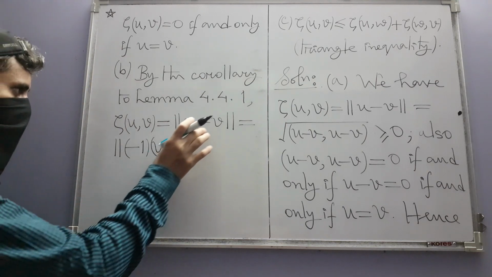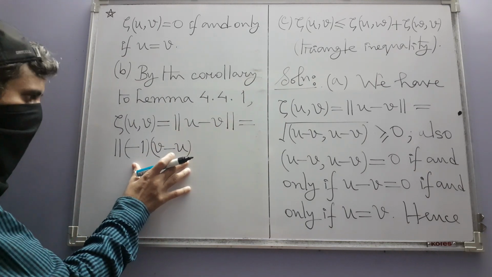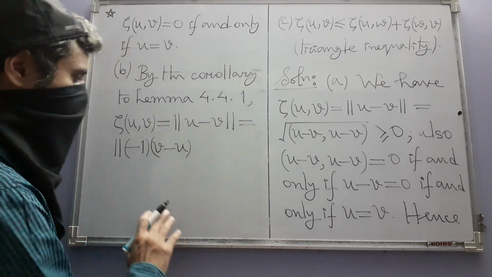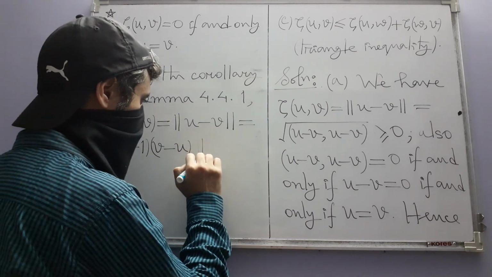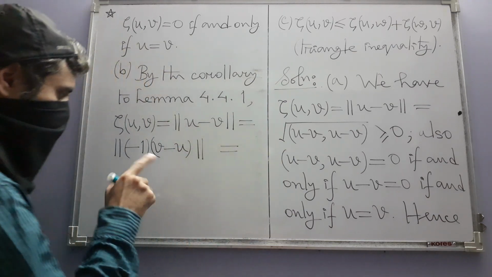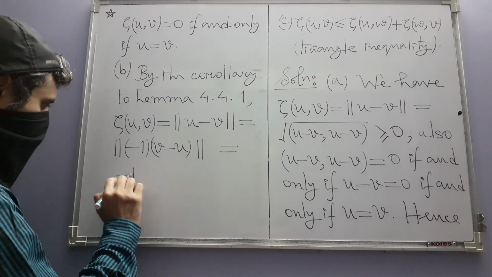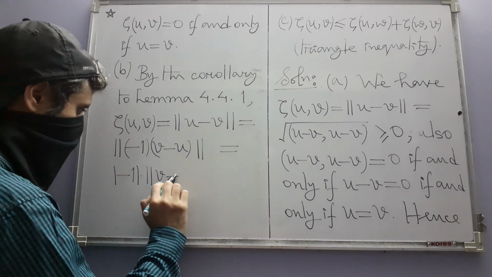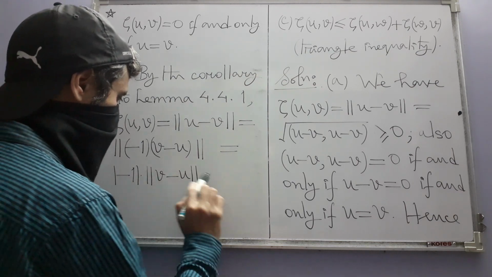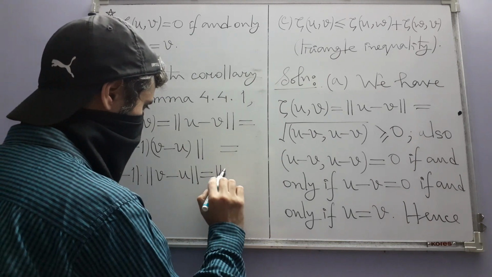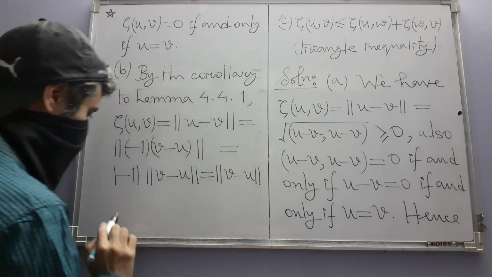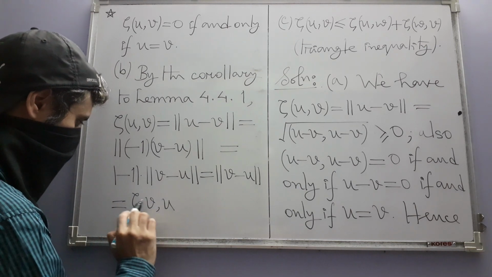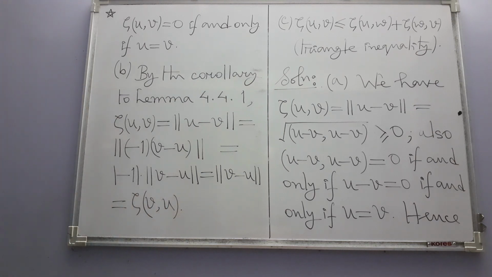Keep in mind that this is equal to this, and that follows from the ordinary vector space properties, okay? And in this very next step we are using that result. That is, this will be equal to the absolute value of minus 1 times the norm or length of v minus u. So that is nothing but this. So that's how we have part B.